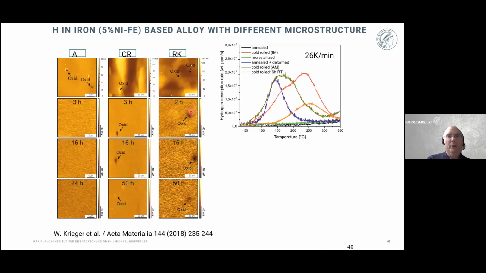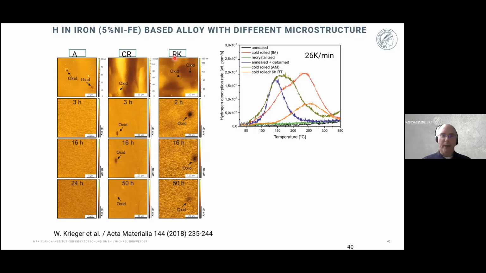And we can see with time that from the oxides, for the cold rolled and the recrystallized sample, hydrogen is released into the palladium layer. So you wonder, okay, we see that for cold rolled and recrystallized hydrogen comes from the oxides. Is it a big amount or not?